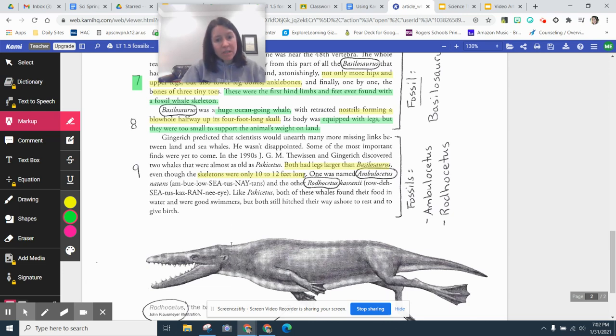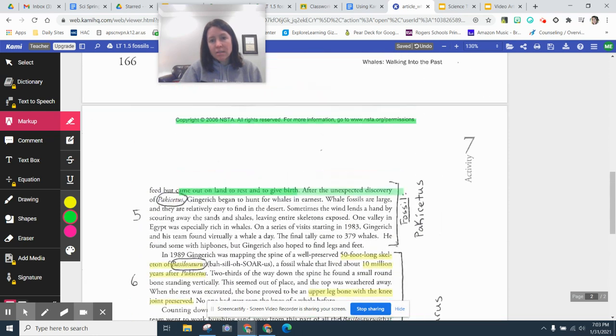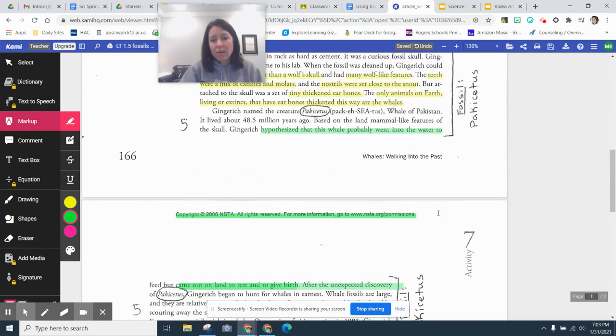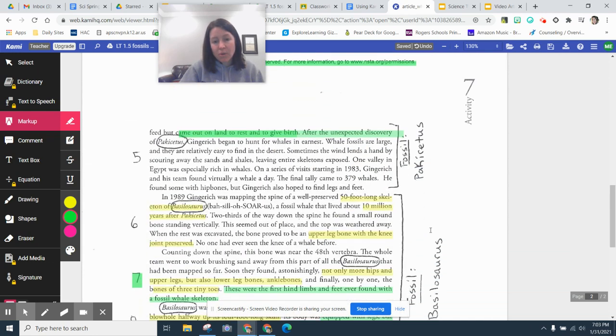But based on the fossils they found, a conclusion or an inference they made is that both of these whales found food in the water and were good swimmers, but both still came on land to rest and give birth. So that sounds a lot like Pakicetus. We learned Pakicetus also went to the water to eat, but came to land to rest and give birth.